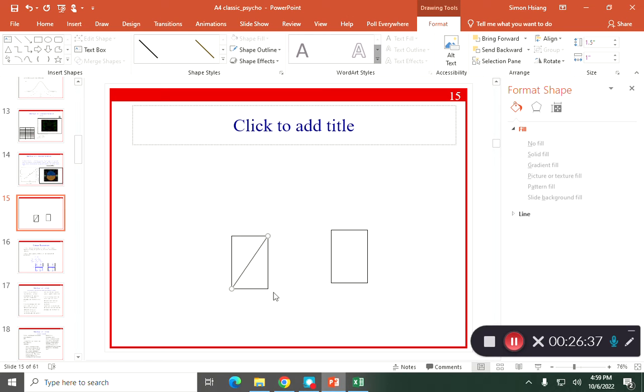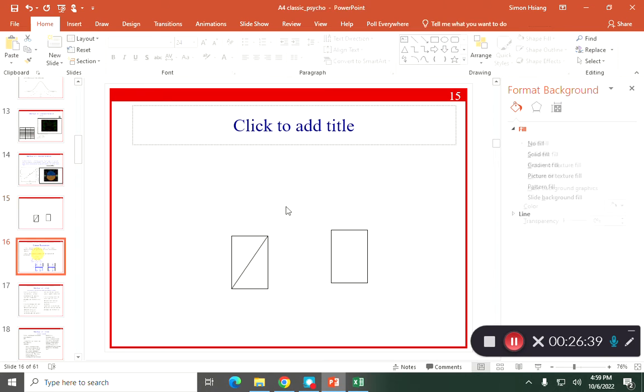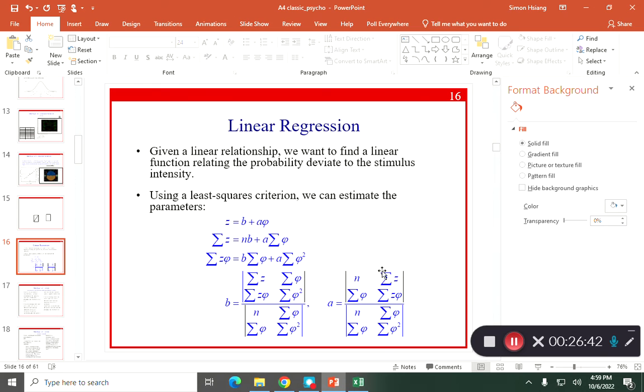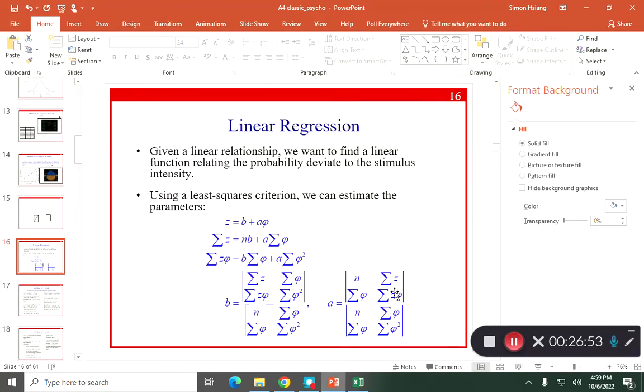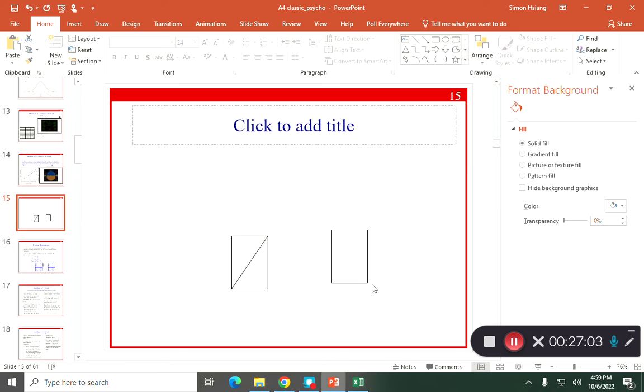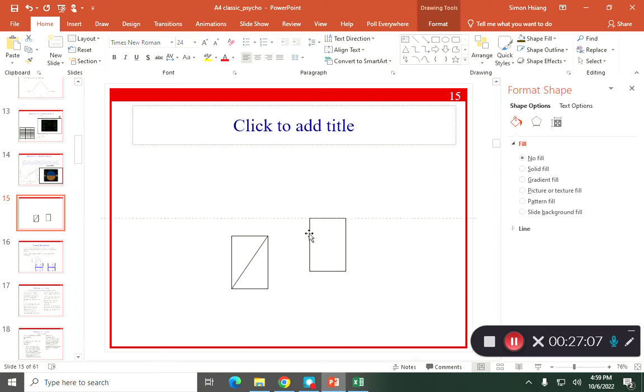I jump, I jump, I jump. So now you jump many, many times, so I have a bunch of n times z phi. Z and phi is almost like a rectangle area. A bunch of z, a bunch of phi.